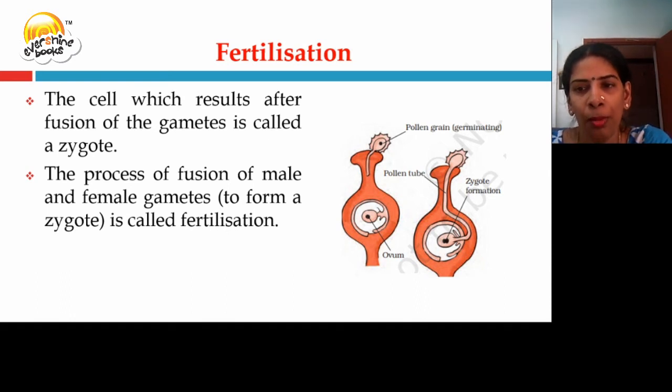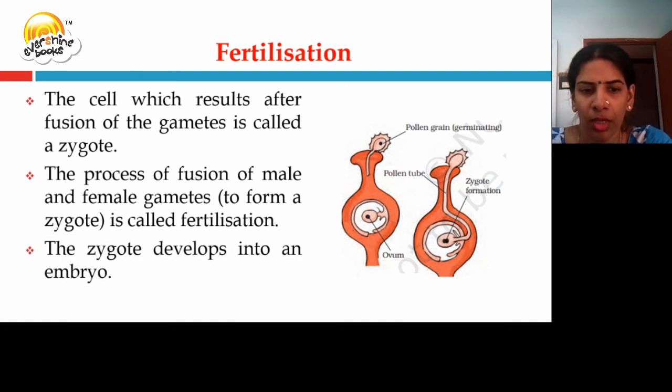It forms a pollen tube. The pollen tube reaches the egg and fuses with the egg to form the zygote. The pollen grain, after germinating only, will form the pollen tube so that it can reach the egg. The zygote develops into an embryo.